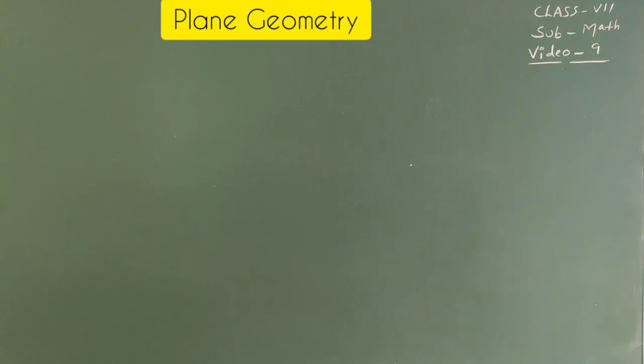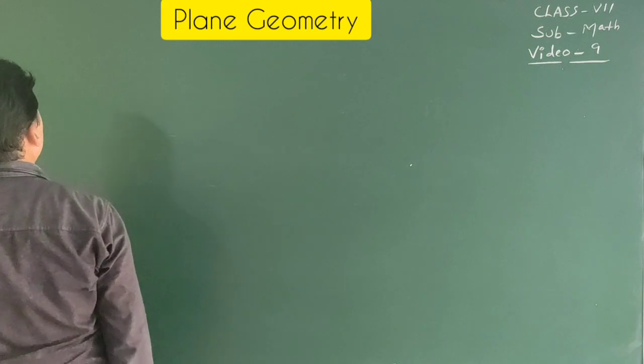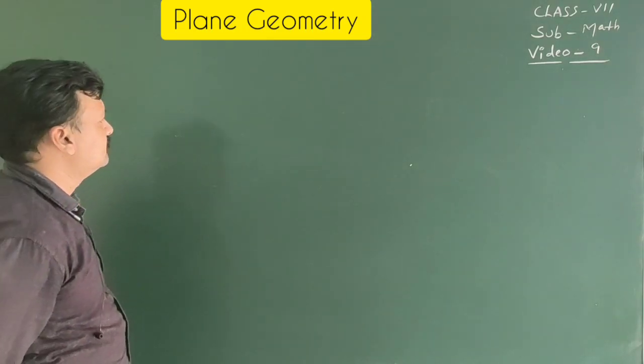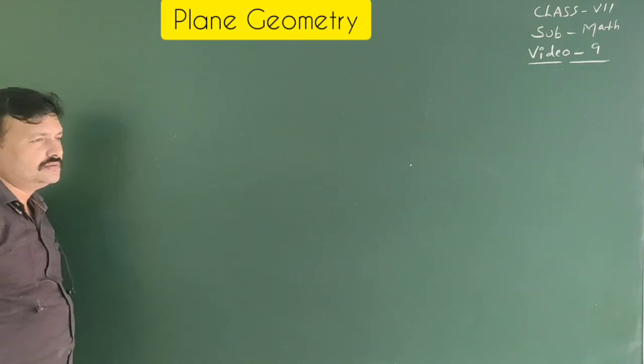After the completion of these important results, the first result is: two lines parallel to the same line are also parallel.